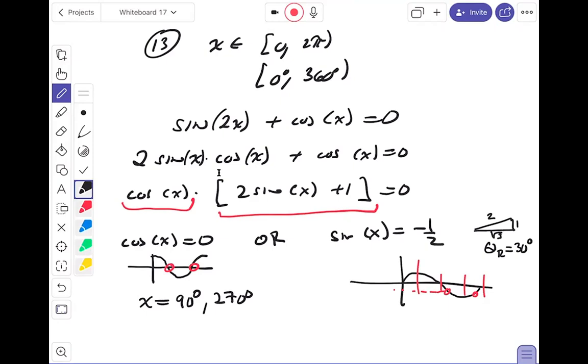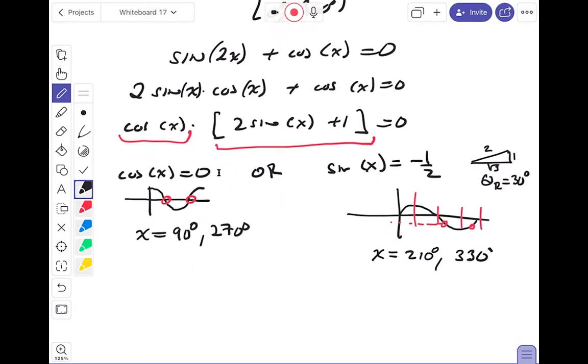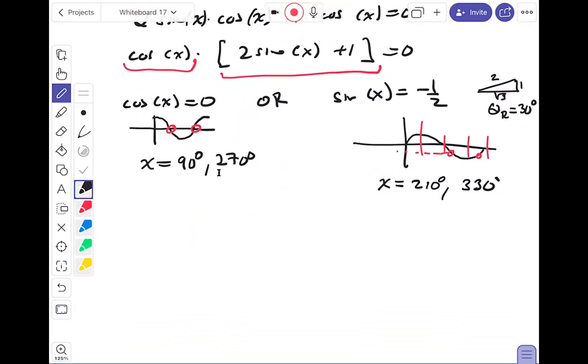All right, let's write this down. So in this second one here, the reference is 30, and the first angle is between 180 and 270, so it'll be 210 degrees. The next one is between 270 and 360, so it's going to be 330 degrees. Now that's between 0 degrees and 360, but they spoke in radians. So I need to write down the radian measure.